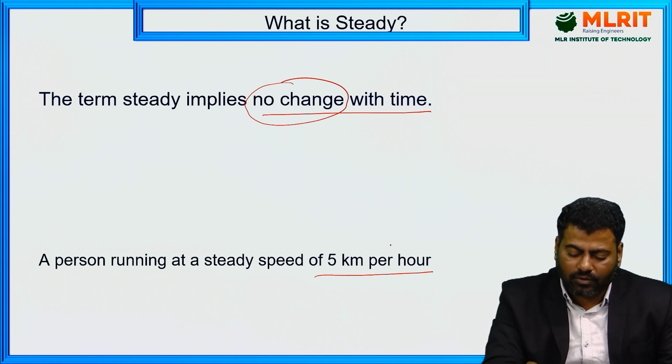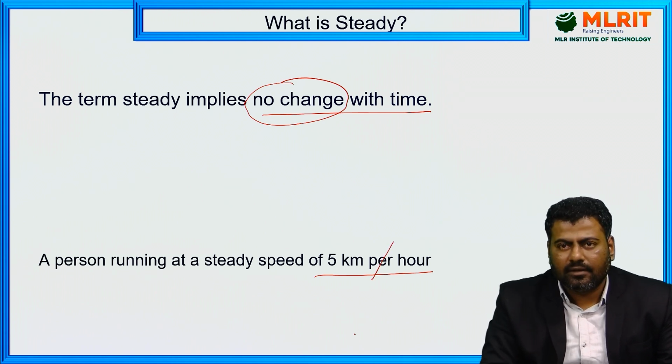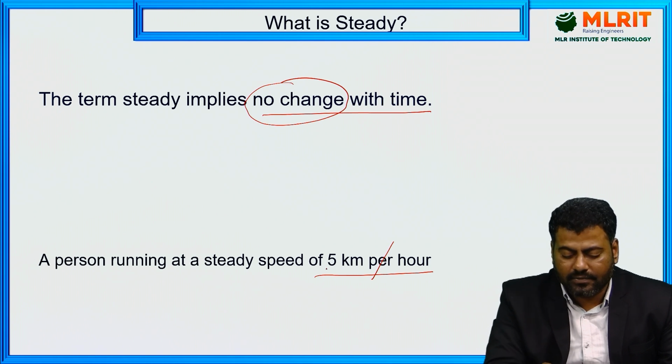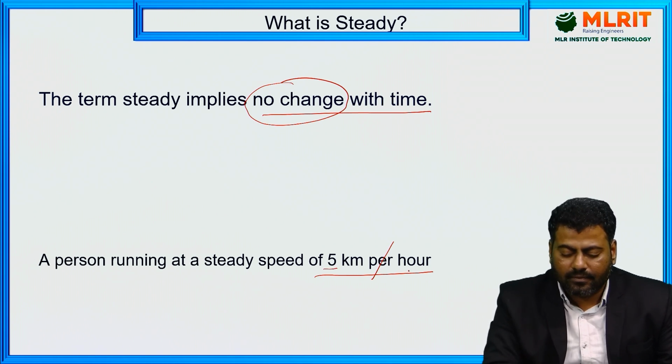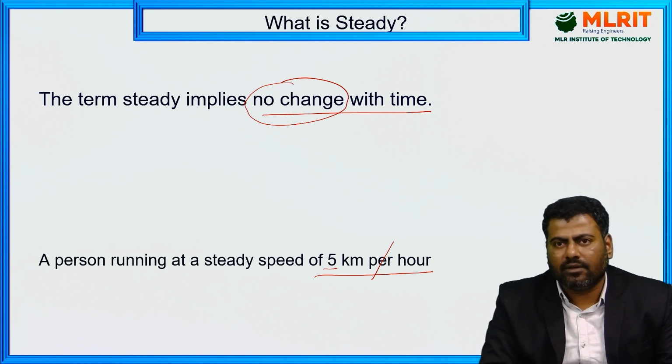For every 1 hour, what happens? In the first hour, he reaches 5 km, and in the next hour he again reaches 5 km. So in total he can cover 10 kilometers. This is what we call steady.